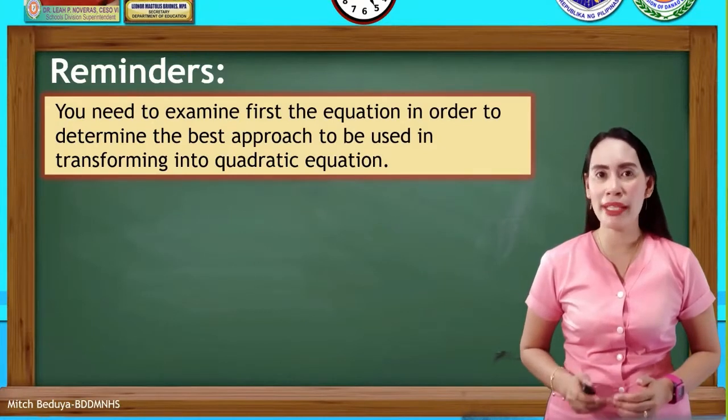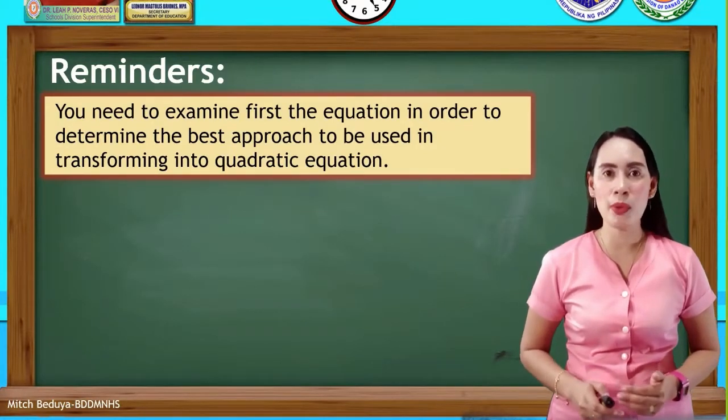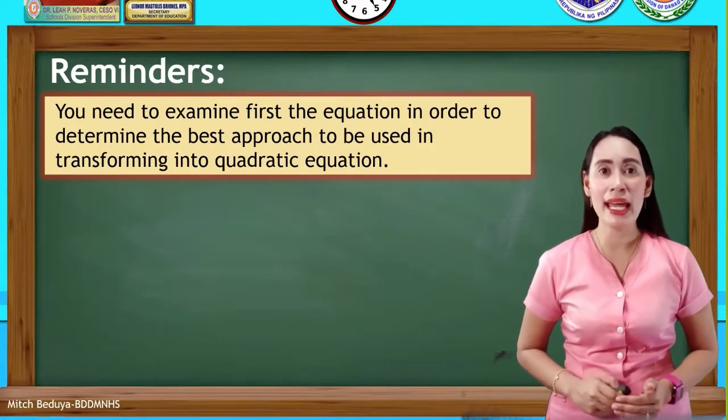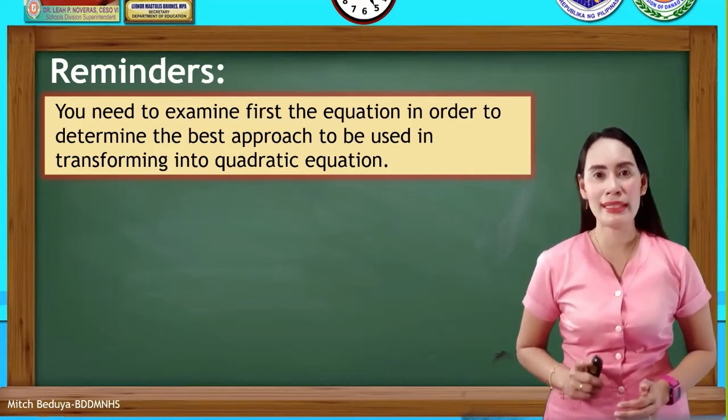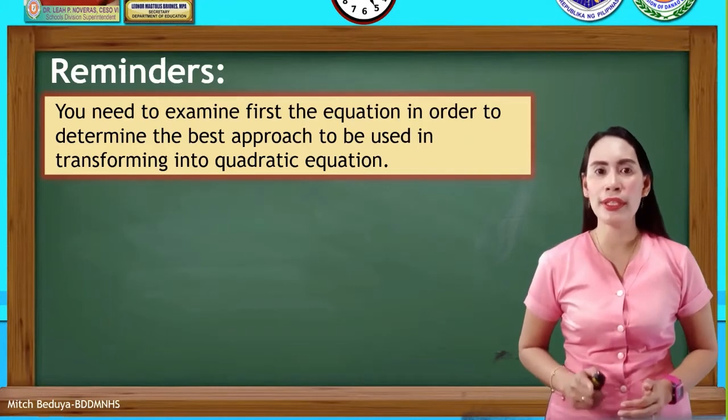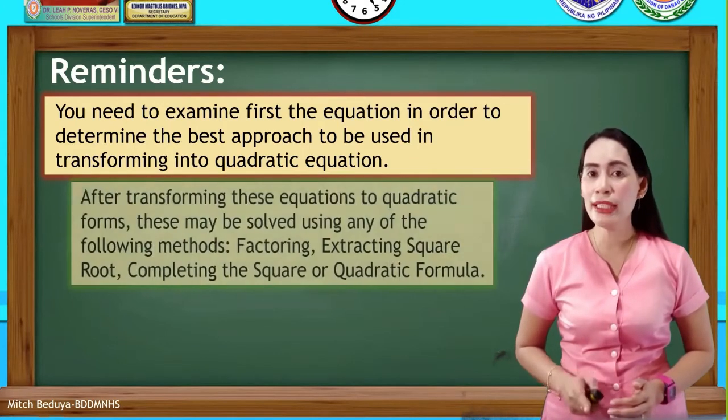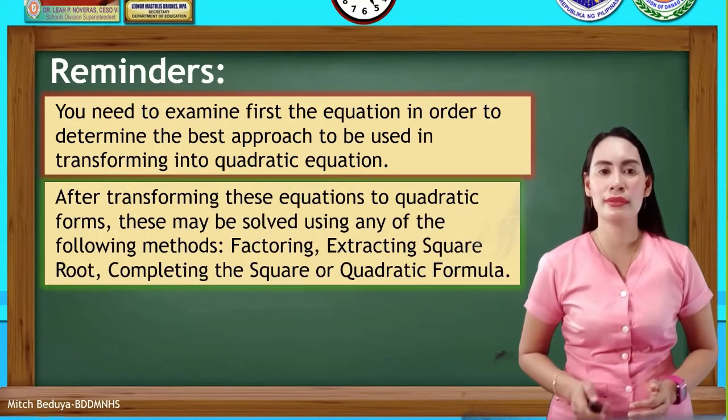Here are some reminders in solving quadratic equations that are not written in standard form. First, you need to examine the equation in order to determine the best approach to be used in transforming it into a quadratic equation.